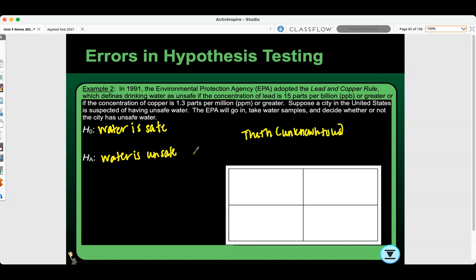So we have when our null hypothesis is true, meaning the water is safe, and when our null hypothesis is false, the water is unsafe. Over here, we have our decision based on the evidence.